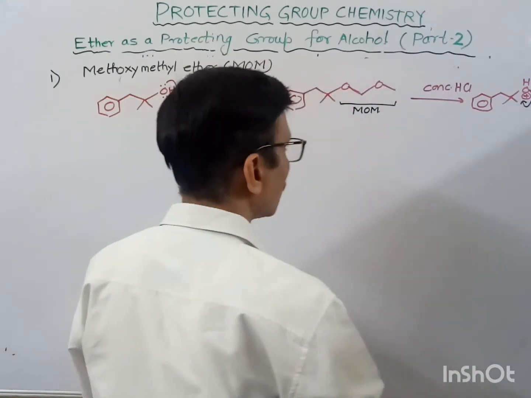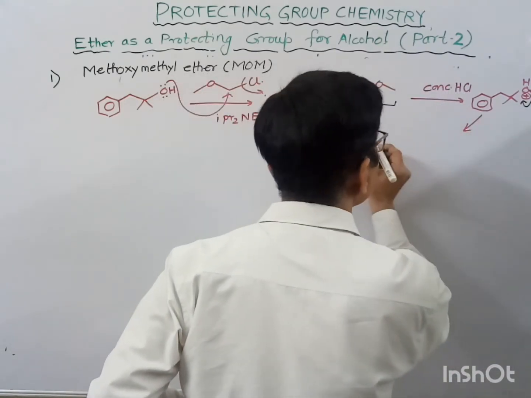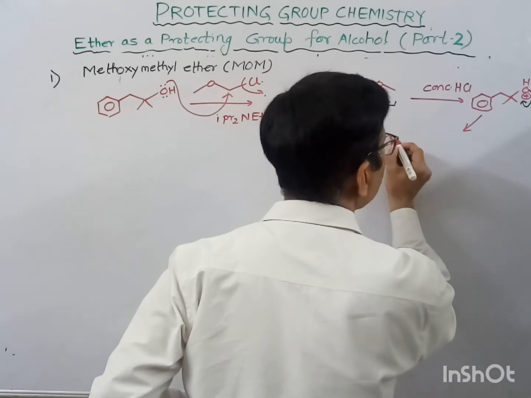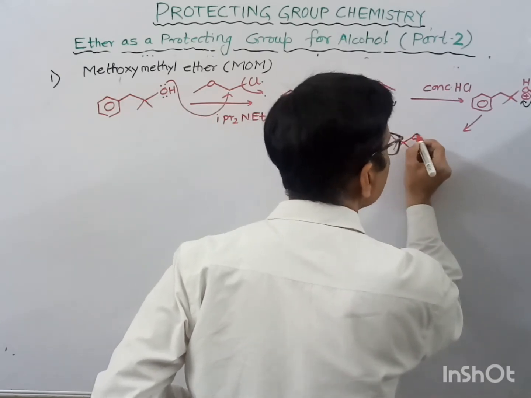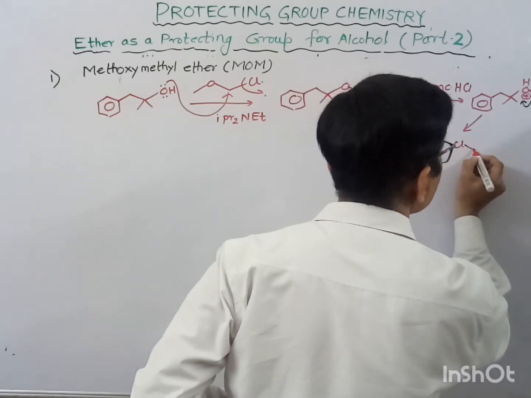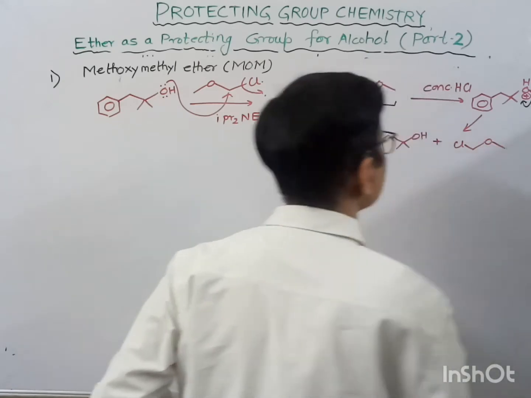This carbon-oxygen bond will get broken, and we will get our alcohol back plus the MOM chloride. We will get the MOM chloride also back.